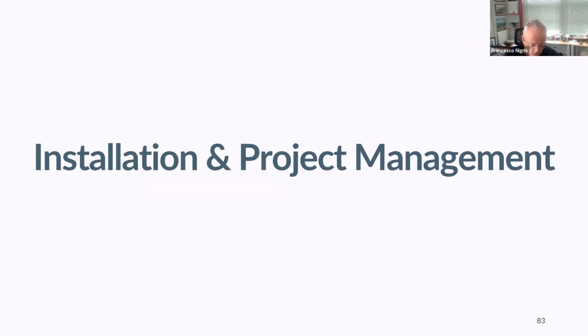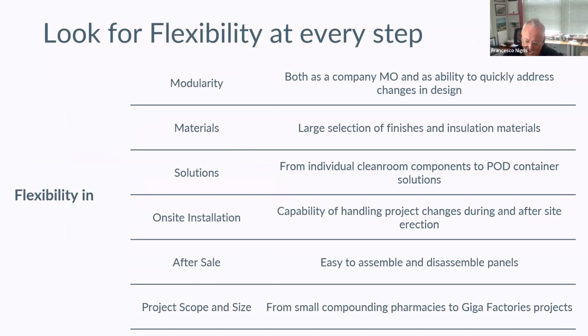And we are going to get close to the end of the presentation. The partner you are selecting for your cleanroom project, first of all, needs to be a partner that is giving you the question at the right moment. So the decision-making process we discussed today is important. All those questions need to be placed.